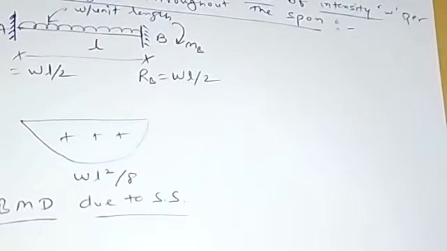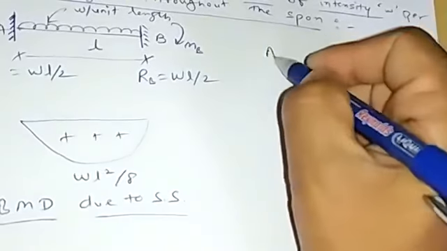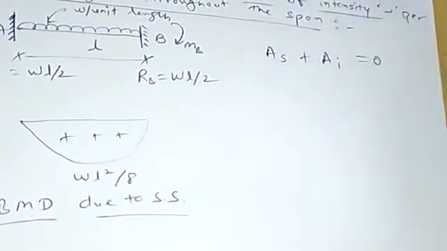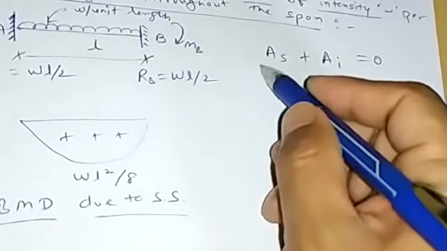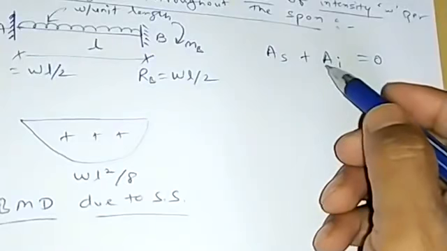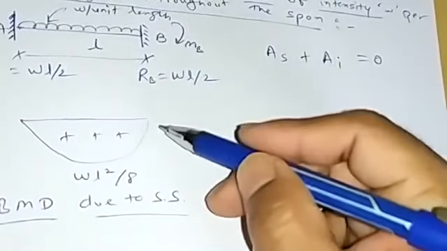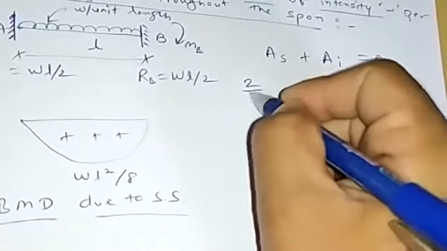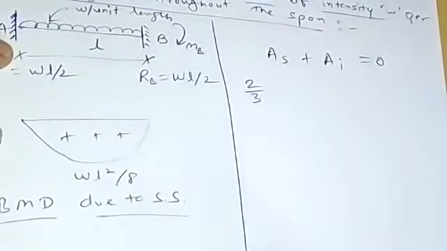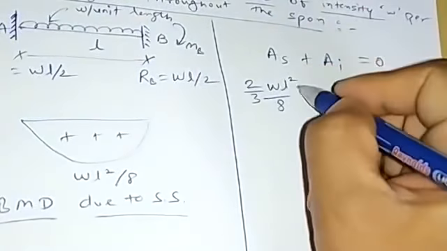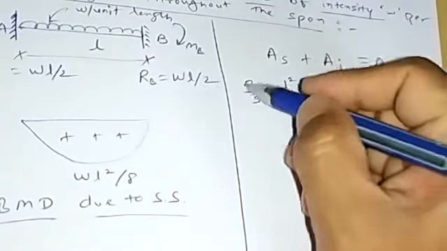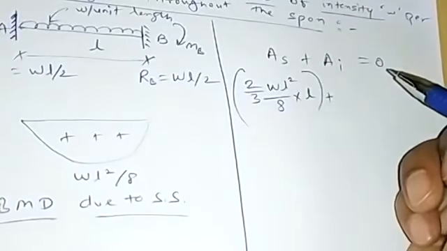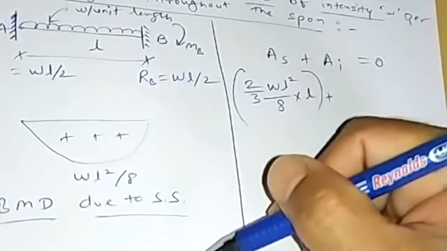So now we need to consider the M by EI diagram. So AS plus AR is going to be 0. AS is for simply supported, AR is for fixed end. So we have this parabolic shape, whose area would be 2/3 into WL square by 8 multiplied by length, and then this one is the rectangular.